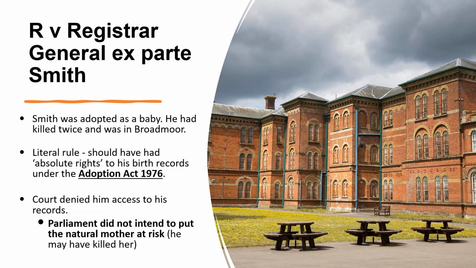However, the court denied him access to his records, because if we apply the purposive approach, the argument is that Parliament could not have intended to put his natural mother at risk. Now, in this case, the argument was he might have killed her had he come into contact with her. And so, therefore, he was not allowed his records. We used a purposive approach to look at the effect Parliament wanted. It's not looking at the problem, it's looking at what the effect should be.